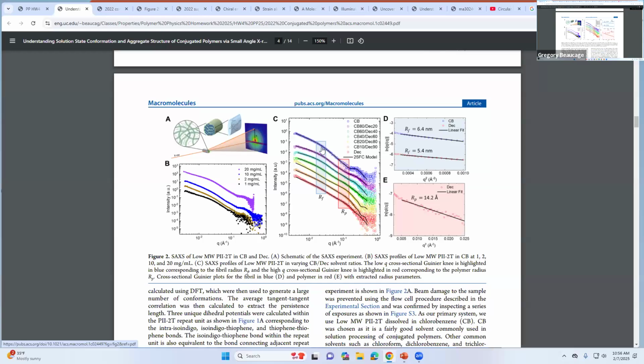In fact, this thing just disappears and then it seems to just go to, that's why I want to digitize this. I think that goes to a slope of 1 all the way through, which would tell you it's got infinite persistence. Like we just saw the red curve, you'd say you have a chain of infinite persistence, and then something happens at the high end, like a phase. So in other words, the red curve alone would tell you clusters of chains bundled up to make an infinite fiber, which kind of makes sense for rigid polymers.